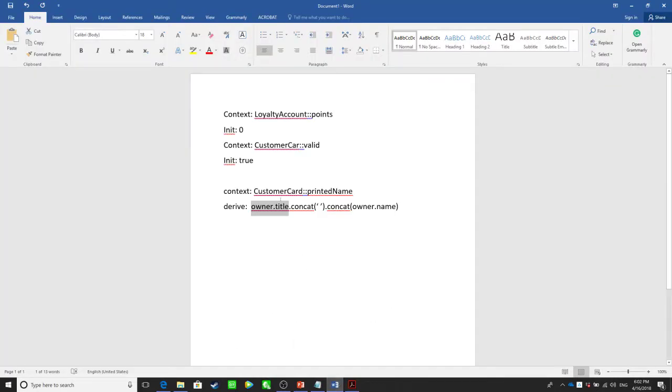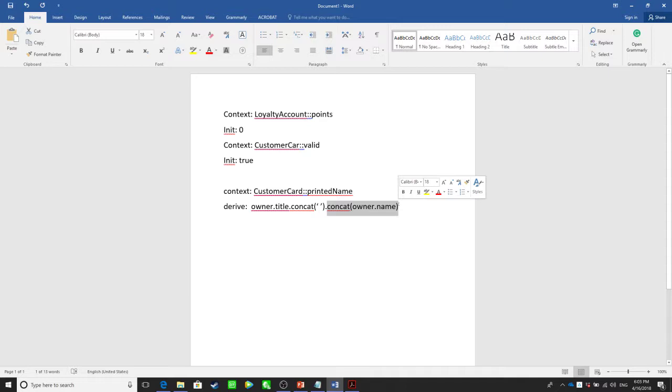So when we do owner dot title, basically this is the first part of the printed name. It's Mr. or Mrs. Then it follows with a space, concat with a space. Then it follows the owner's name.